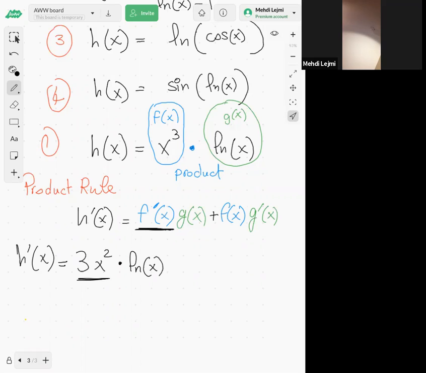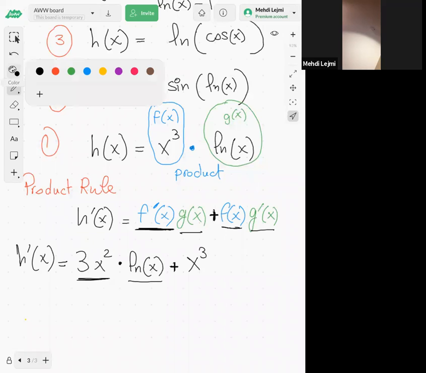Then there's a plus, f, which is x cubed, times g prime. Now, what's g prime? G is ln of x, and you just learned that the derivative of ln of x is 1 over x.